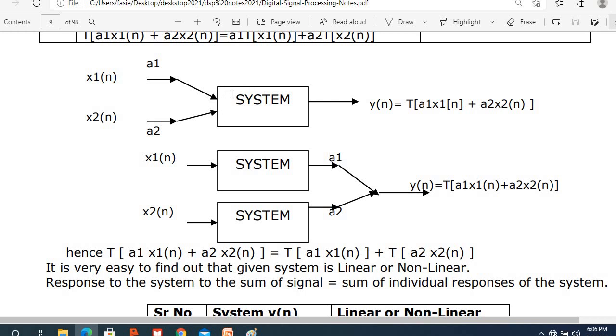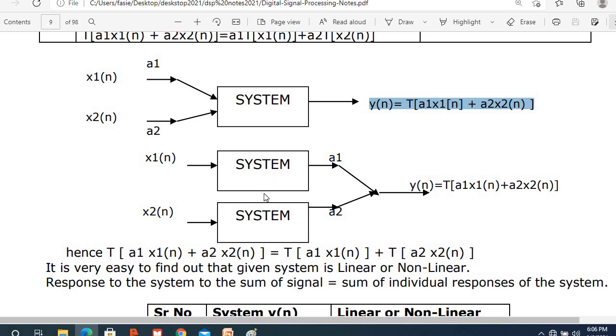See here, in this system I have taken two inputs x1 and x2, and I am passing them with multiplying factors a1 and a2. If I combine both of them and it obeys the condition y of n equals T of a1 x1 of n plus a2 x2 of n, then we can say that the given system obeys the linearity property.